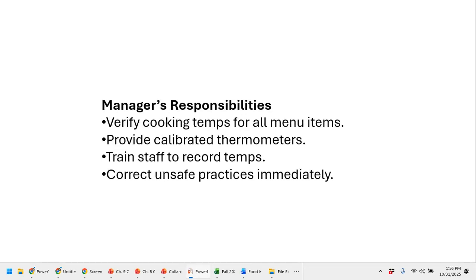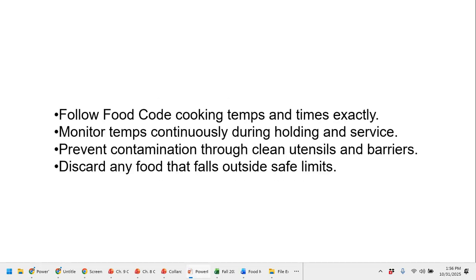So we have to verify cooking temperatures for all menu items, provide calibrated thermometers, train our staff to record the temperatures, and then correct unsafe practices immediately as managers with our manager certification. So just to finish up, we follow the food code cooking temperatures and times exactly.